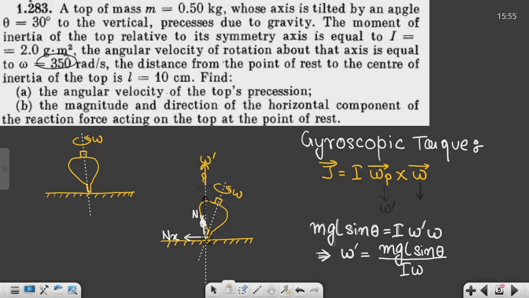This is the value of the angular velocity of precession. So we found the angular velocity of precession.